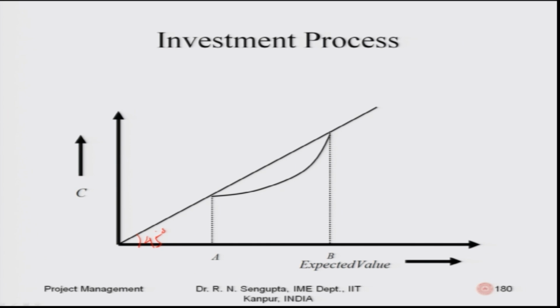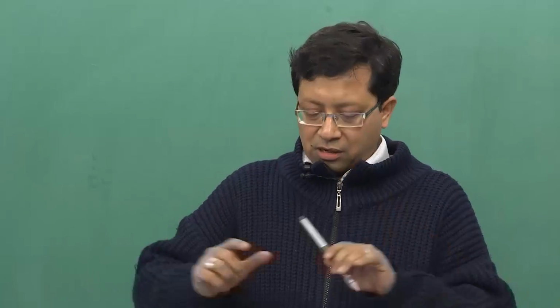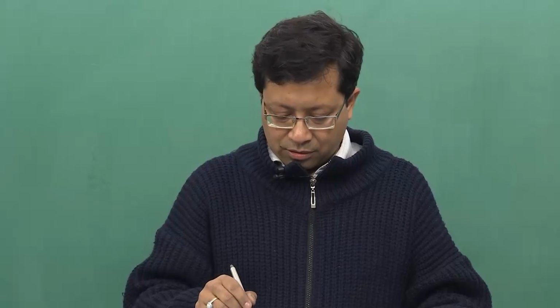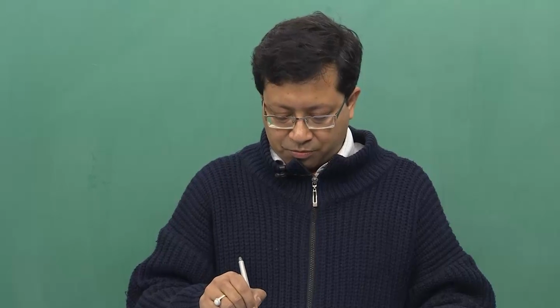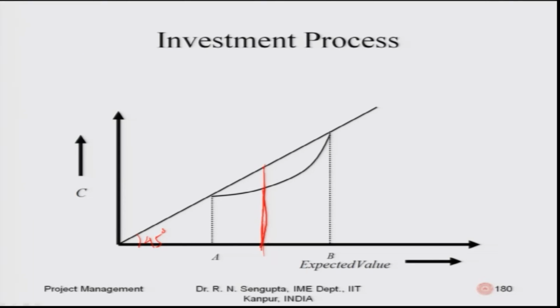Now, I know the actual expected value of that gamble is A into half plus B into half, which would be the midpoint here. I am trying my level best to use my drawing skills. So, this is the middle value, and I go horizontally to the left. Consider this is some C star.